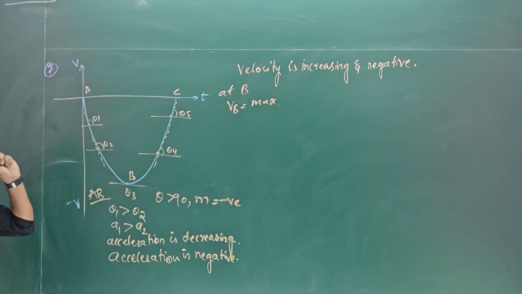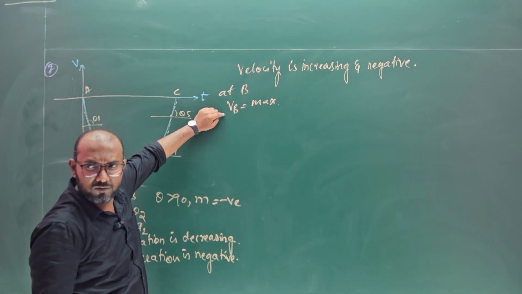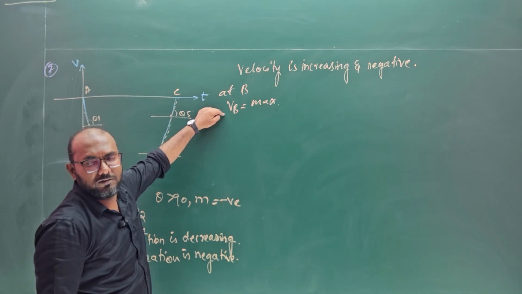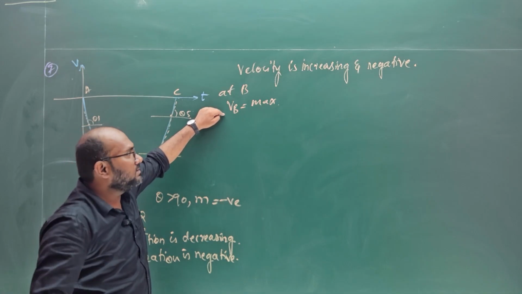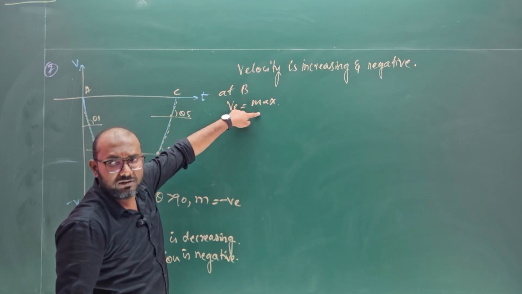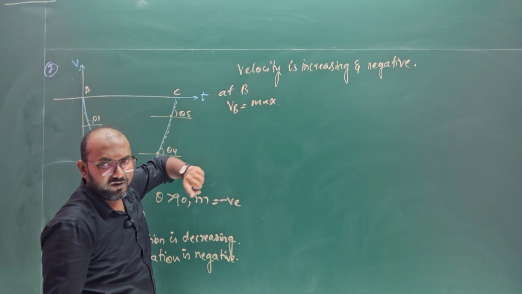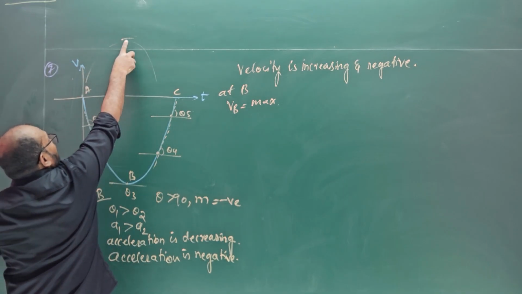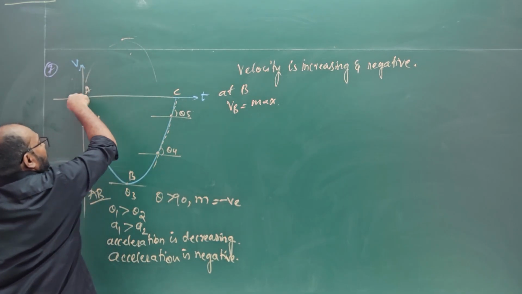I written in the last diagram VB as 0. Are you sure? Check once. If I wrote velocity at VB equals 0, cut that and put maximum. Why? Because over here velocity becomes maximum, over here maximum, over here 0, and over here 0.